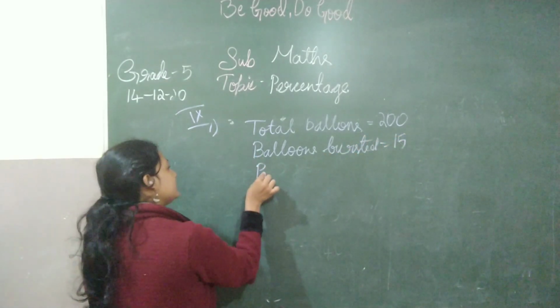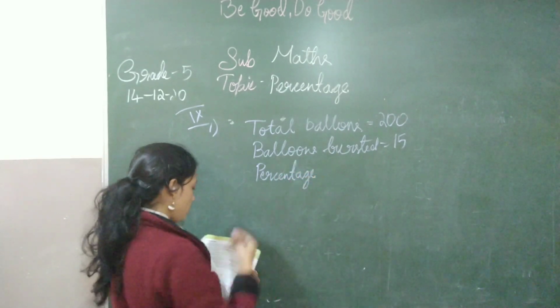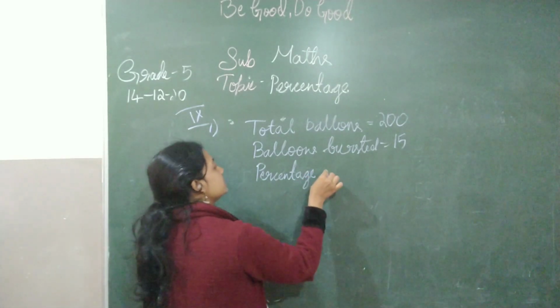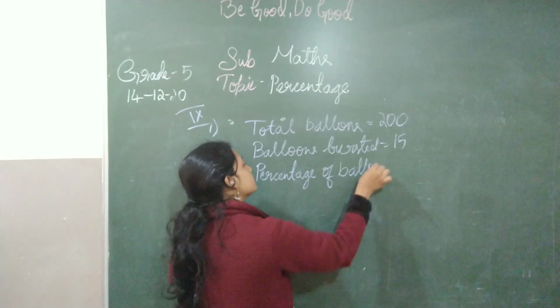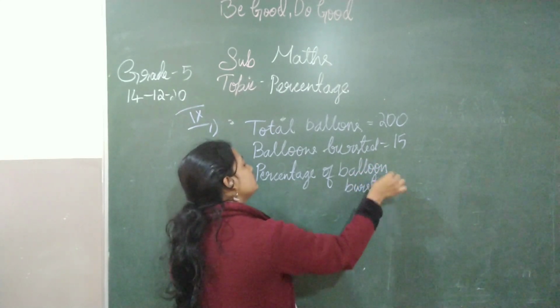So percentage of what we want? Percentage of balloons bursted here. So what we should do?